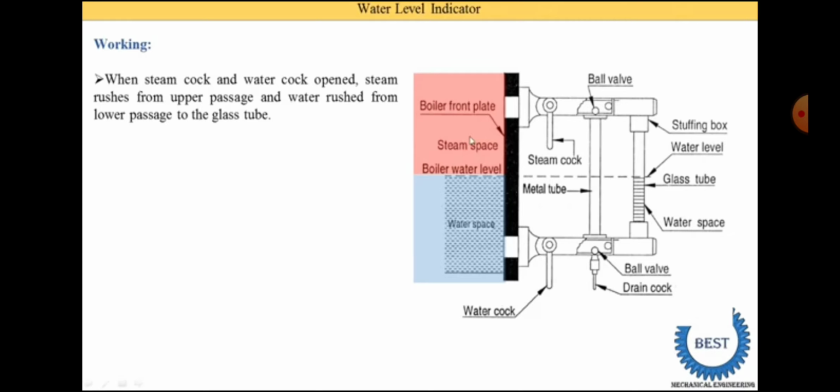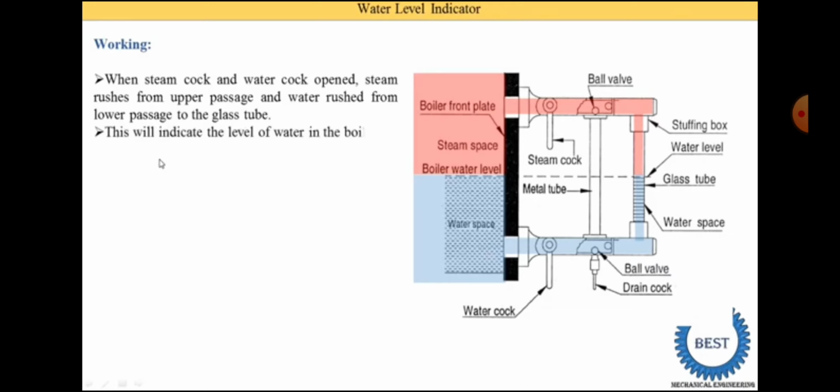The steam from the steam space is supplied into the glass tube, and water from the water space is supplied into the glass tube. You may also see it written as the supply from the steam space, or supply open from the steam cock. Here it is written as rushes from the upper passage, so this is the same meaning. And the water rushes from the lower passage into the glass tube.